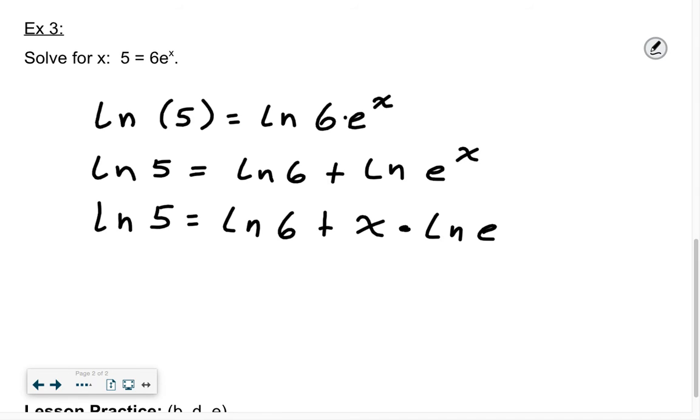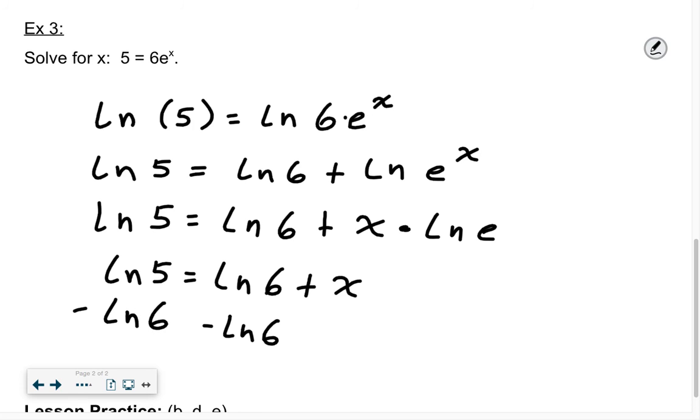And what's the natural log of e? 1. So x times 1 is just simply x. So how do I solve for it? Subtract that from both sides.